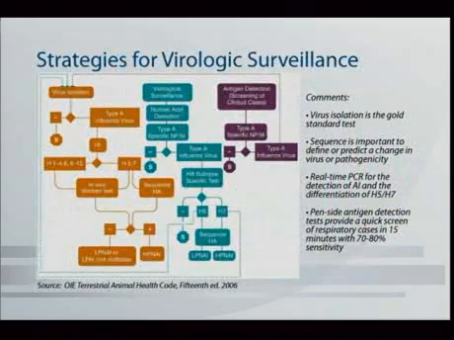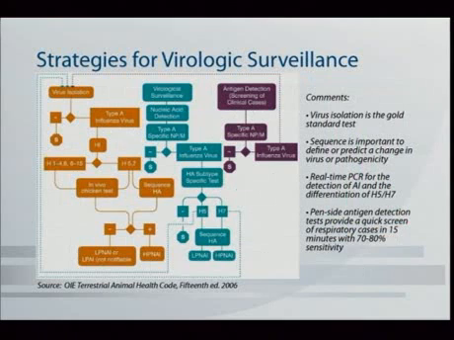This diagram, which comes from the OIE Terrestrial Animal Health Code, really outlines the strategy for all three of these methods. Virus isolation on the left in brown, and then in the middle we have in turquoise the molecular approaches, and then on the far right the antigen capture tests.